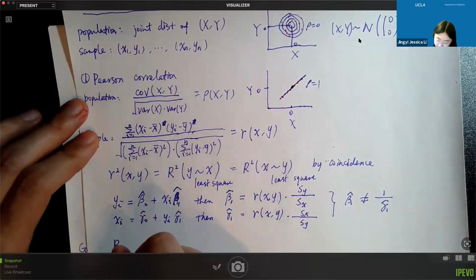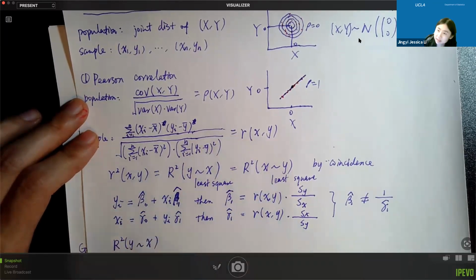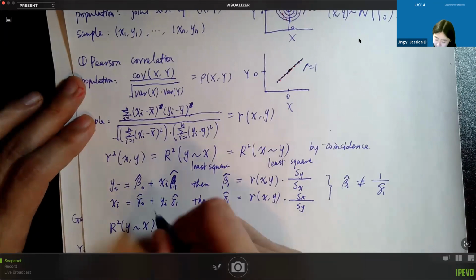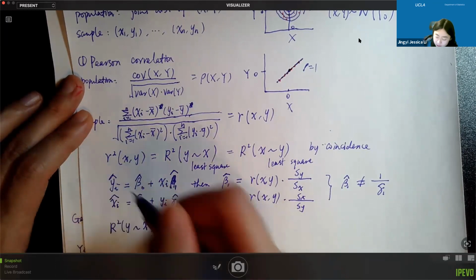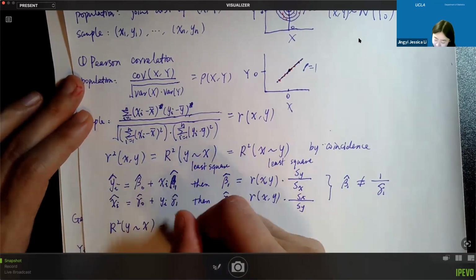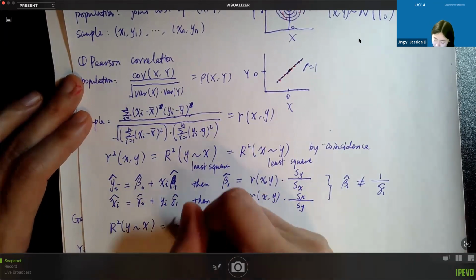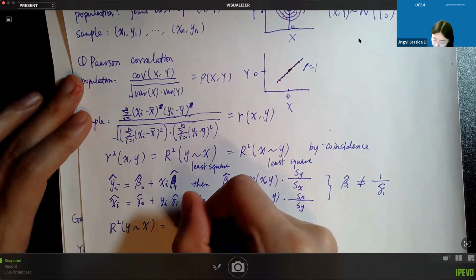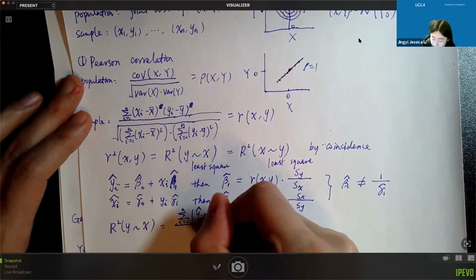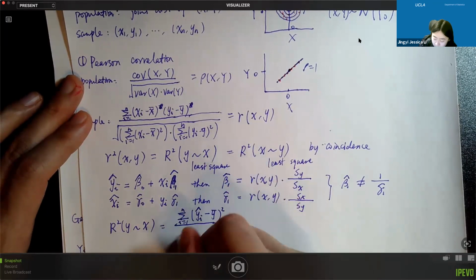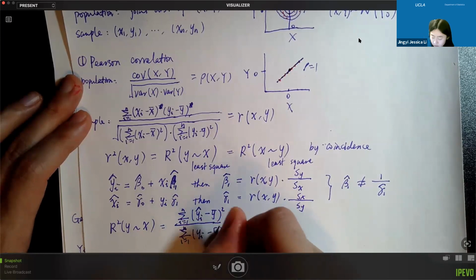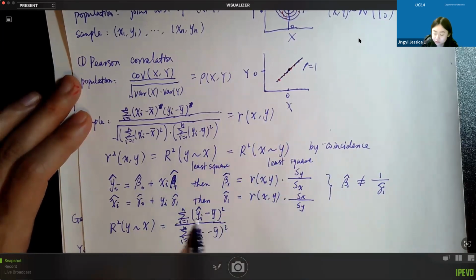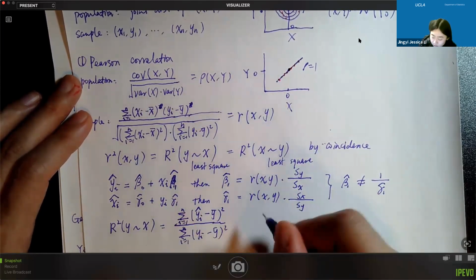The R square, for y regressed on x, is equal to, with yi hat as the predicted y from xi, the sum from i equals 1 to n of (yi hat minus y bar) squared, over the sum from i equals 1 to n of (yi minus y bar) squared. So it is the predicted response variance divided by the original response variance. That's the R square.